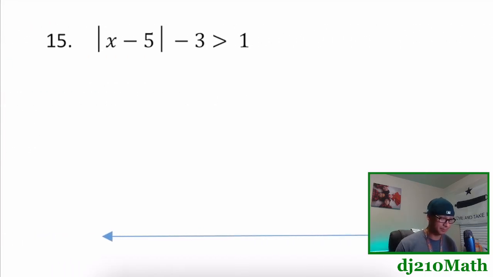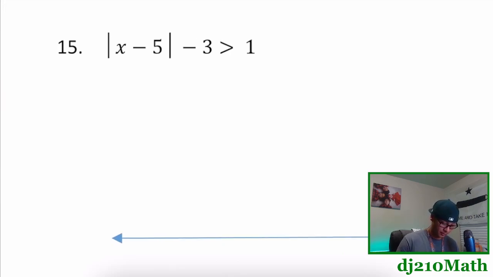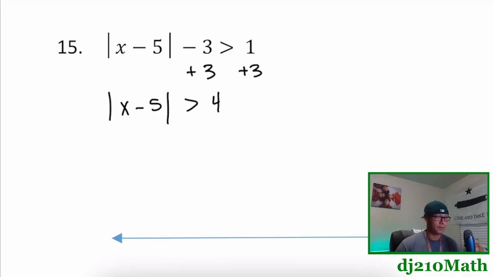All right, number 15. We add 3. So this is absolute value of x minus 5 is greater than 1 plus 3, which is 4. All right, so it's positive. So we can split it into 2.